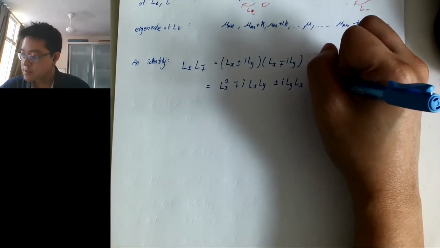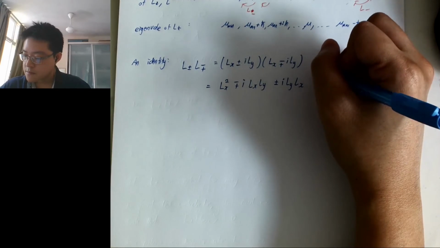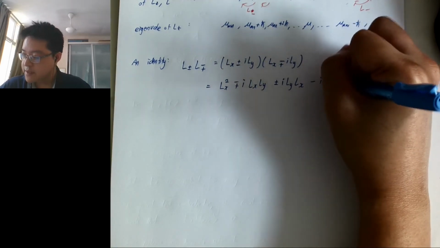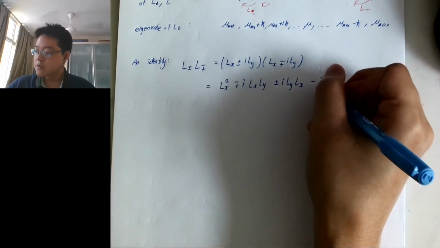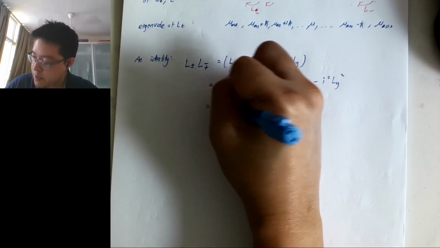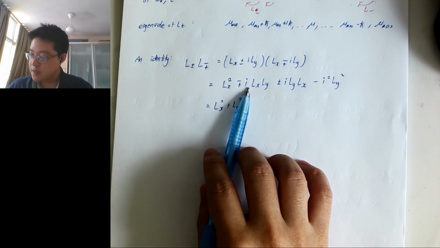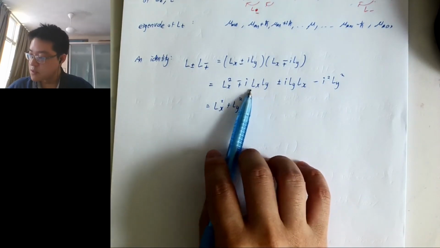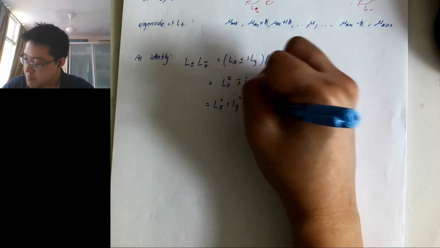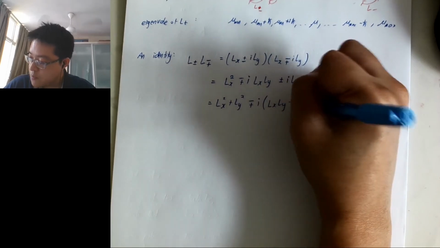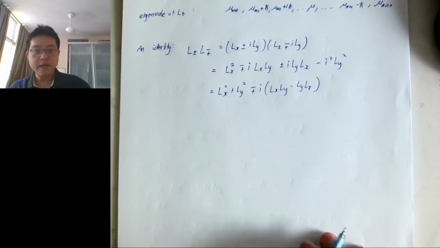So in other words, minus, let me write the details, I square. So this becomes a plus, so Lx square plus Ly square. And then let us simplify this, Lx and Ly. Let me pull out minus plus I. So this becomes Lx Ly minus Ly Lx. Okay, now what is this?